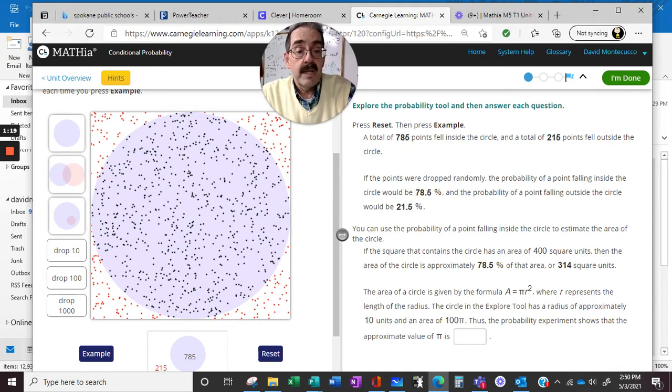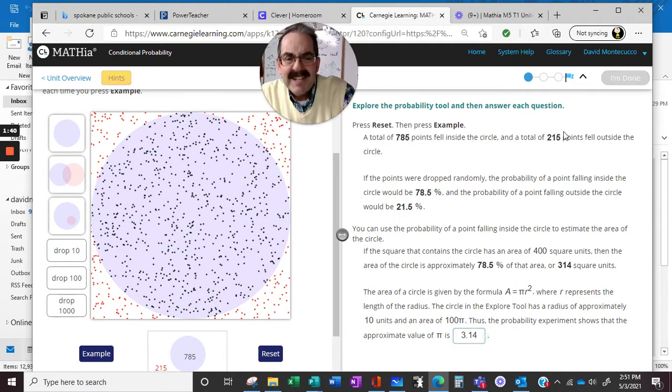The circle in the Explorer tool has a radius of approximately 10 units and an area of 100 pi. Thus, the probability experiment shows that the approximate value of pi is 314 divided by 100, 3.14. Talk about a canned problem.